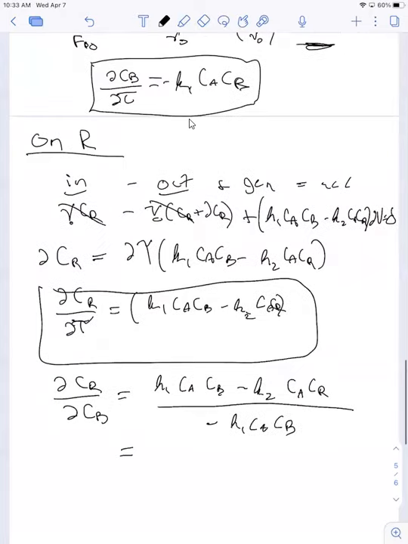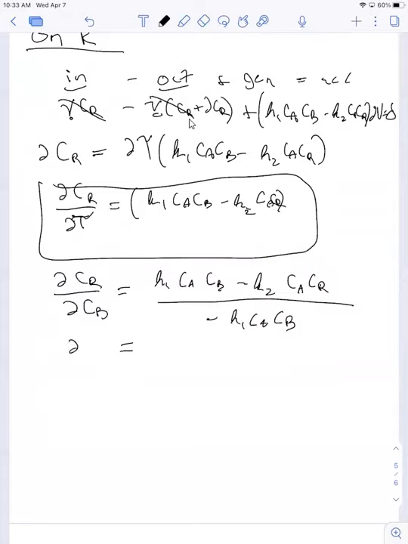This will simplify to negative 1 plus K2 over K1 times CR over CB.